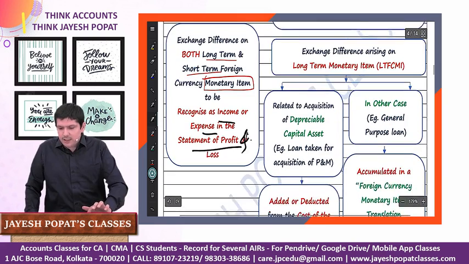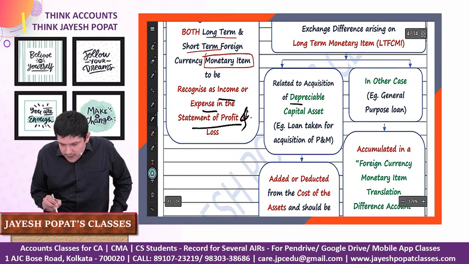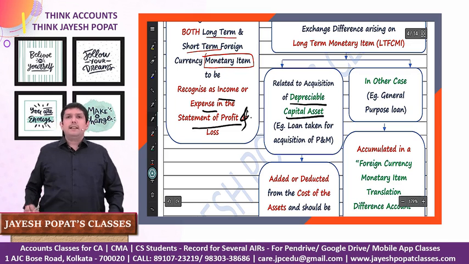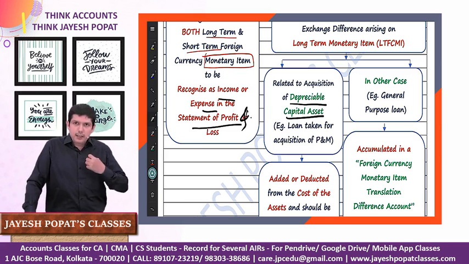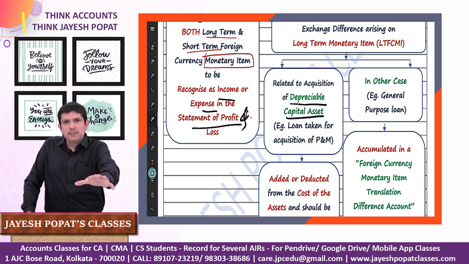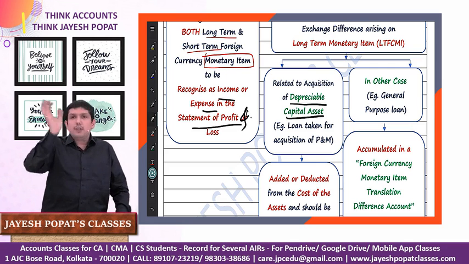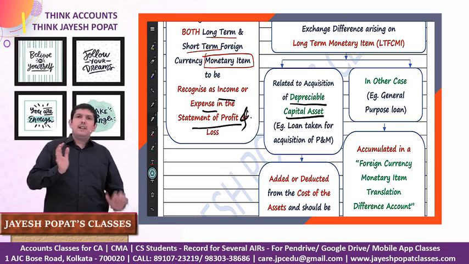Exchange difference arising on long-term monetary item, if it is related to acquisition of depreciable capital asset. For example, you have taken a loan in foreign currency, and with the help of the loan in foreign currency, you purchase certain fixed asset which is of a depreciable nature. Not that you need to import that fixed asset. Listen to this very carefully.